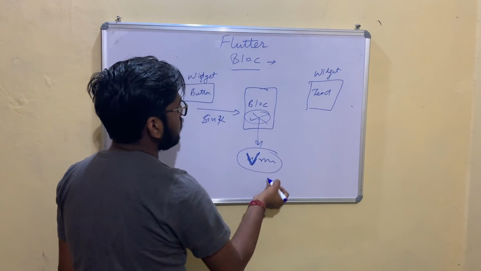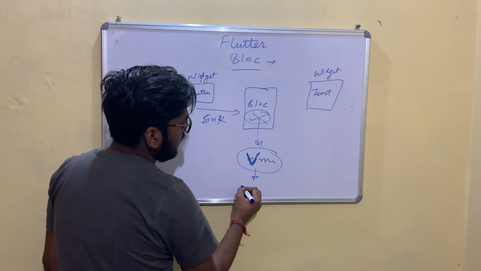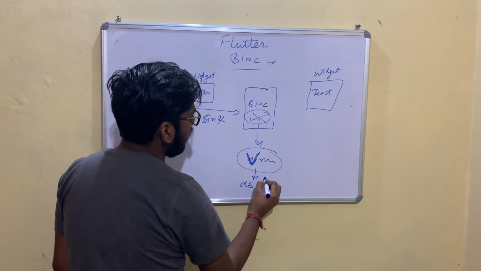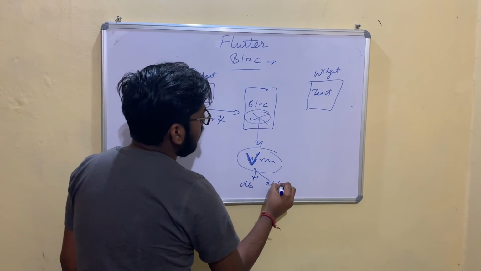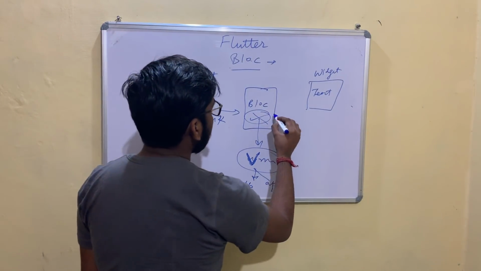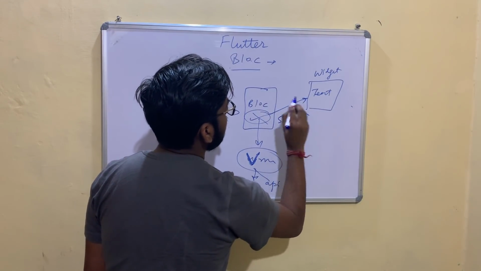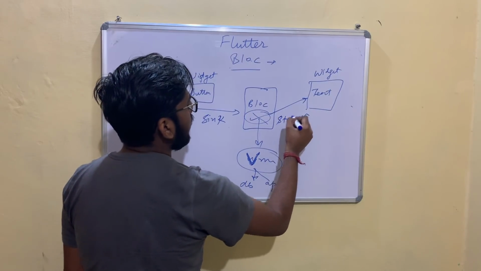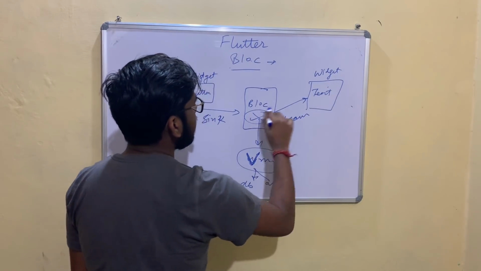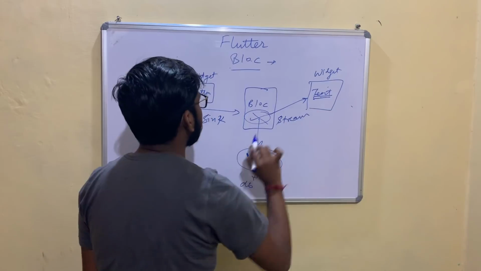Maybe you can use it directly, or it can talk to a database or an API, and then it will pass the data to the other widget in the form of a stream, which will receive this data and display it in the text.